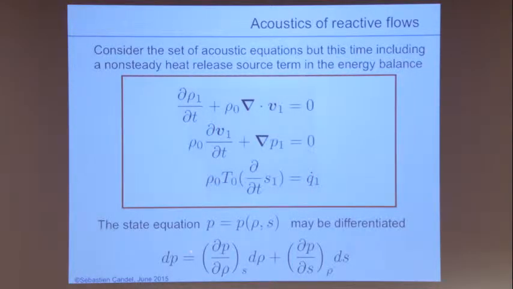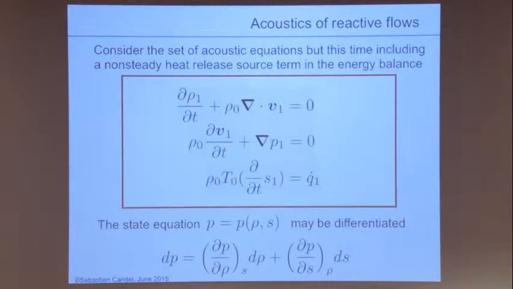So what is changed by that is the fact that this expression has to be differentiated with respect to the density, but also with respect to the entropy. This is the main difference here.